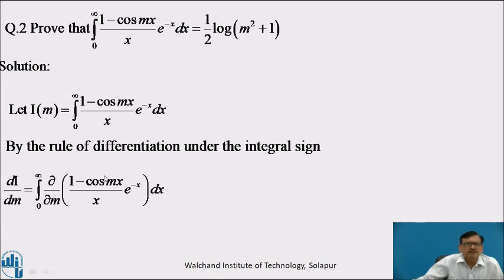Now differentiating this partially with respect to m, e raised to minus x by x, which is free from m, we keep as it is, and the partial derivative dou by dou m of 1 minus cos mx is: the derivative of 1 is 0, and the derivative of minus cos mx is x sin mx with respect to m, dx.